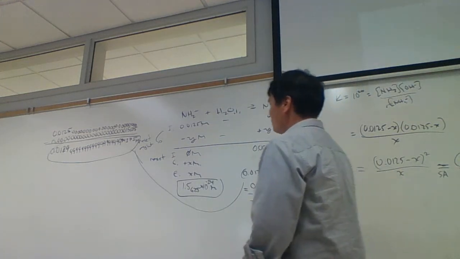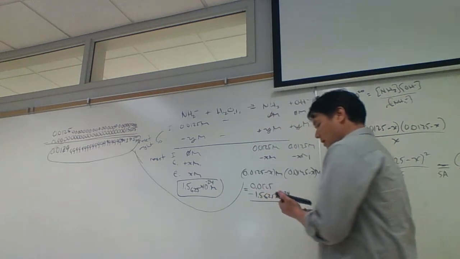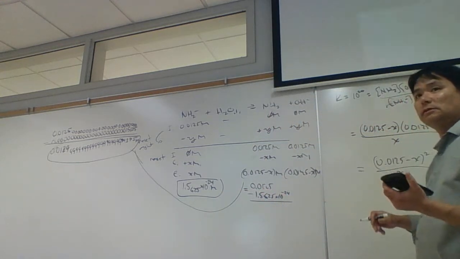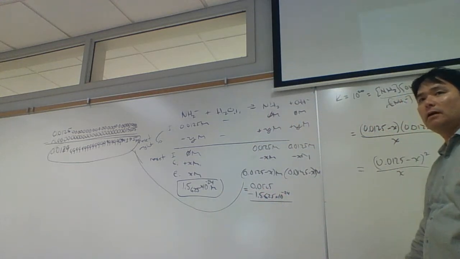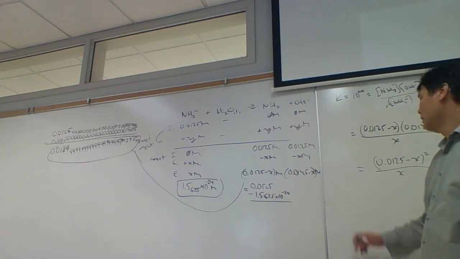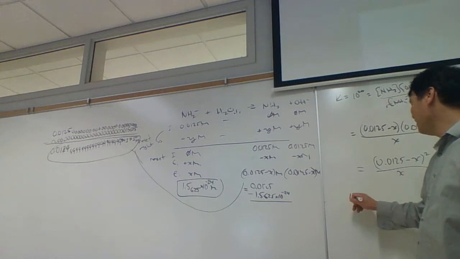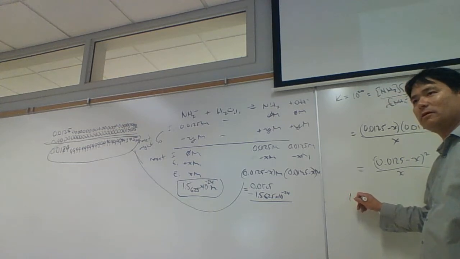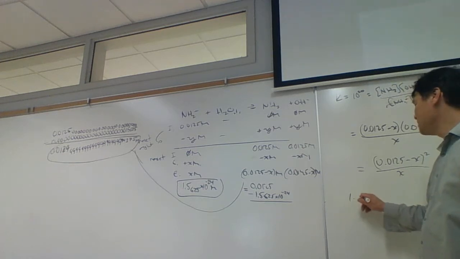Yeah, this one squared divided by that. I think I did it right. I got 10 to the 20. You got 10 to the 20th? 1 times 10 to the 20th? Yes. What did you get? Just 1 times 10 to the 20.